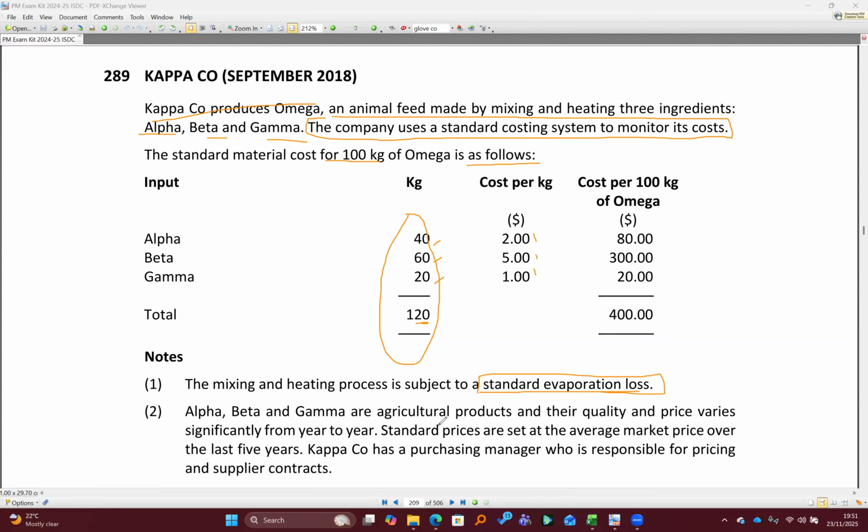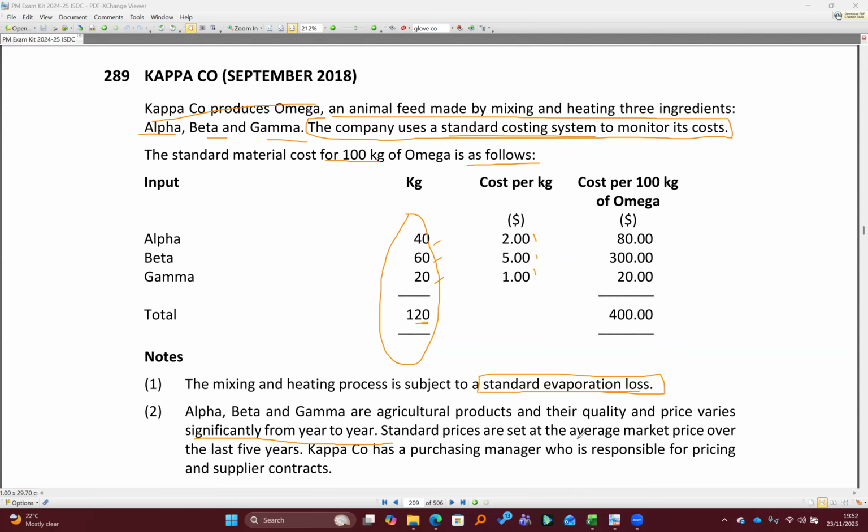Now, alpha, beta, and gamma are agricultural products and their quality and price vary significantly from year to year. Standard prices are set at the average market price over the last 5 years. Kappa is the purchasing manager who is responsible for pricing and supplier contracts. So now this is the issue. They are using standard costs, but the prices vary significantly from year to year.